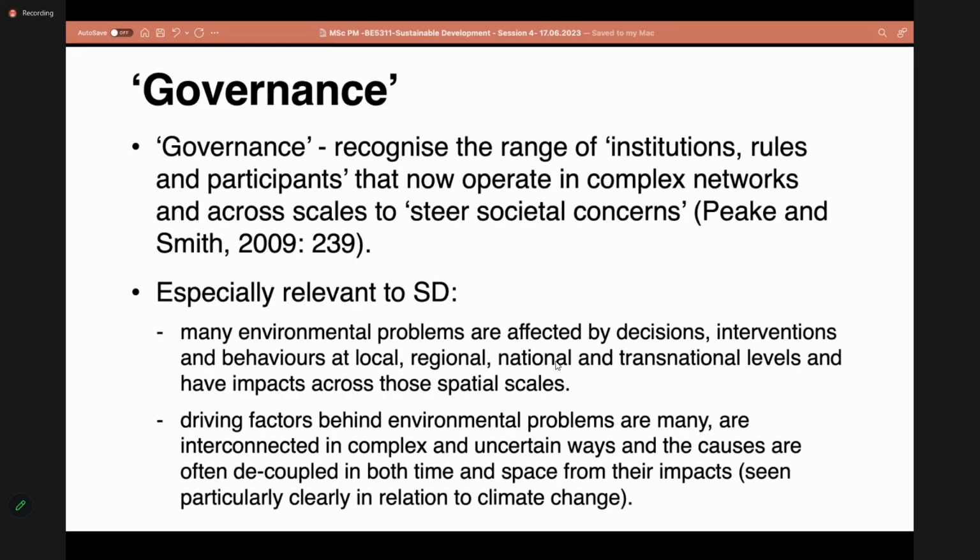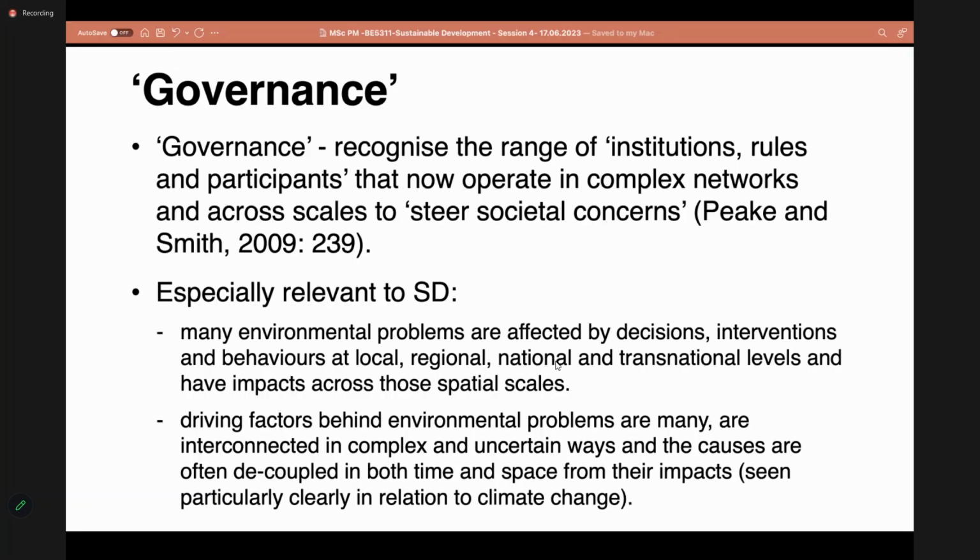Okay, so when it comes to governance, we recognize that there is a range of different institutions, rules, and participants, stakeholders that are interrelated and that we need to take into consideration when it comes to implementing sustainable development.